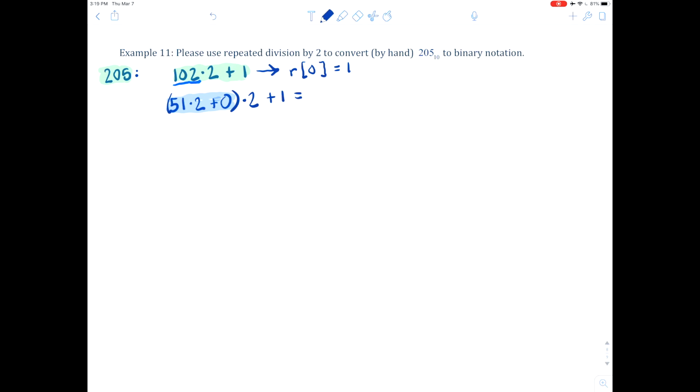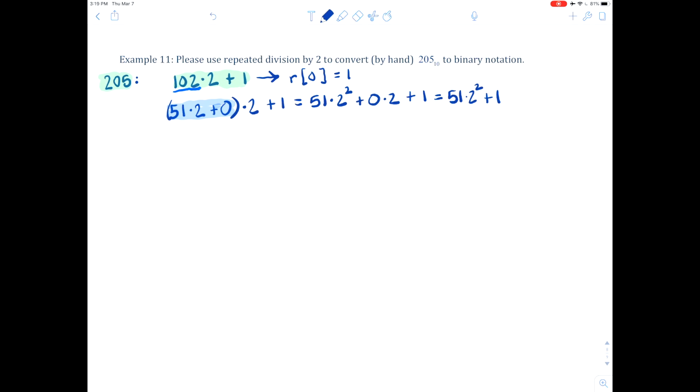Because we want to keep rewriting equivalent statements, right? So simplifying, what would happen? We would have 51 times 2 squared, right? Plus 0 times 2 plus 1, which in turn will just give us 51 times 2 squared plus 1.